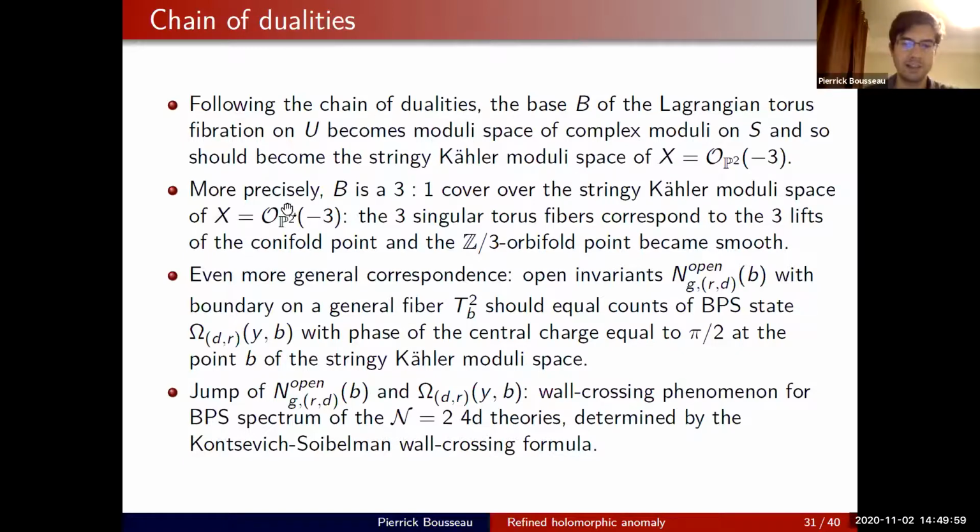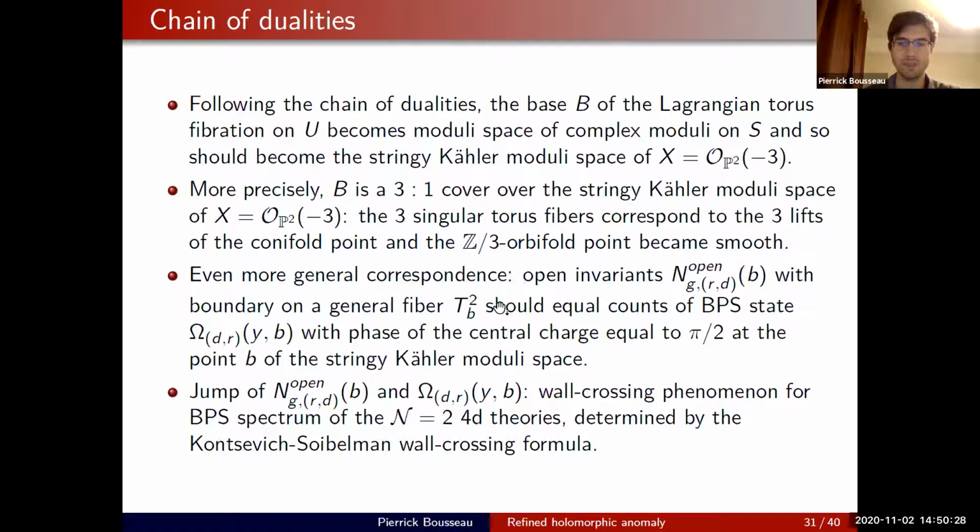If you go precisely, I claim it's exactly some 3-to-1 cover of the stringy Kähler moduli space of local P2. The usual stringy Kähler moduli space of local P2 has one conifold point and an orbifold point of order 3. If you take a 3-to-1 cover of that, the orbifold point becomes smooth and the conifold point becomes 3 conifold points. And this geometry with 3 singular fibers can be identified with the base of these T2 fibrations.